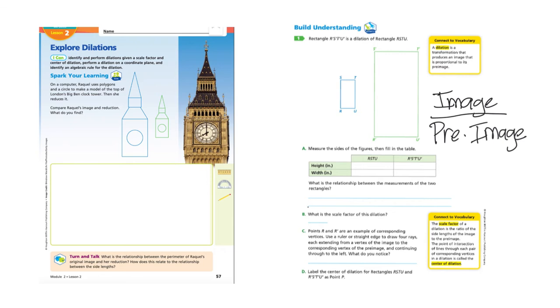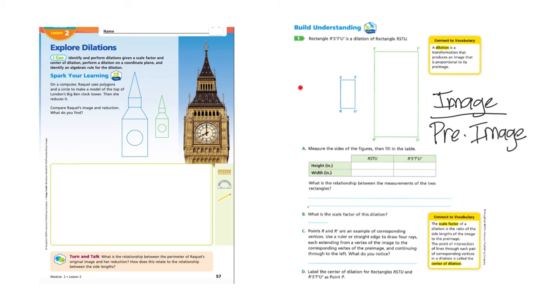So let's keep going and continuing through the left. What do you notice? So once you get those lines drawn and you have them all extended out, you'll notice something over in this area, and that's what they want you to notice or write down there for C. And then it says D, label the center of dilation for rectangles RSTU and R prime S prime T prime U prime at point P. So that'll be where you label.